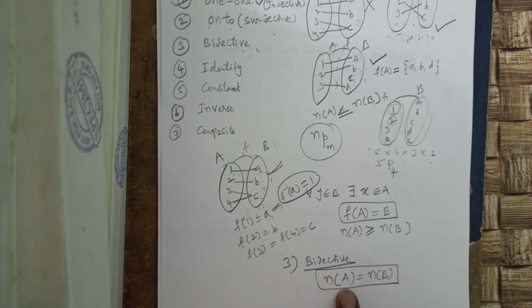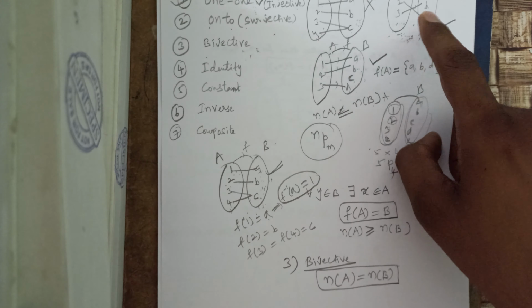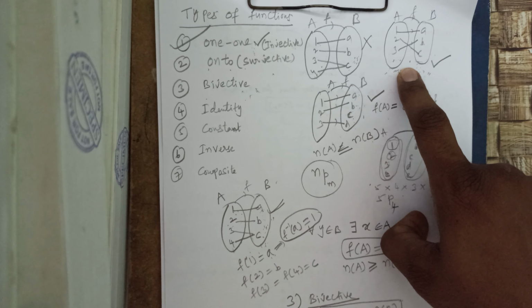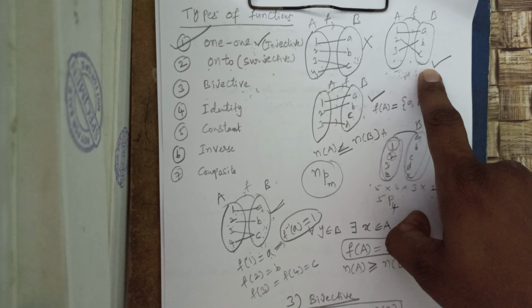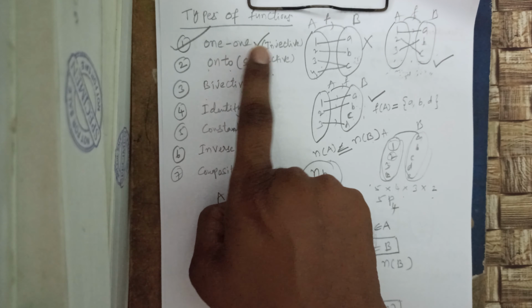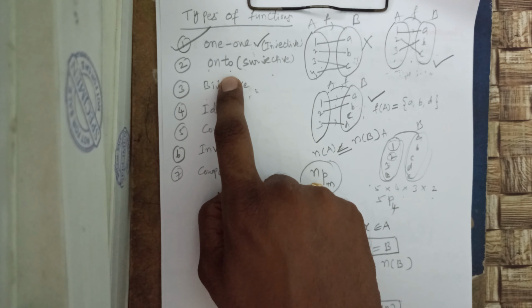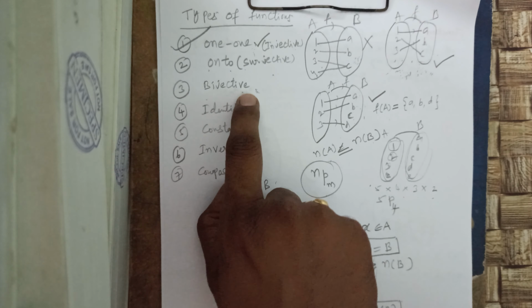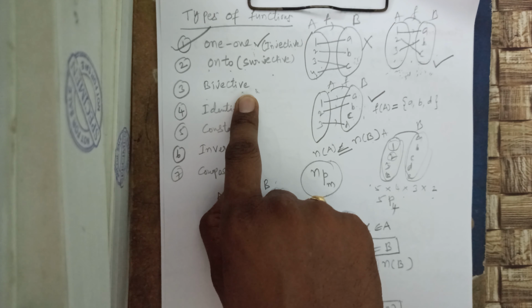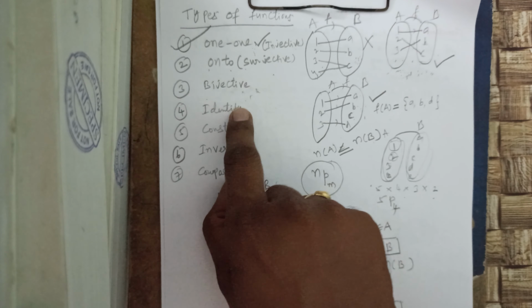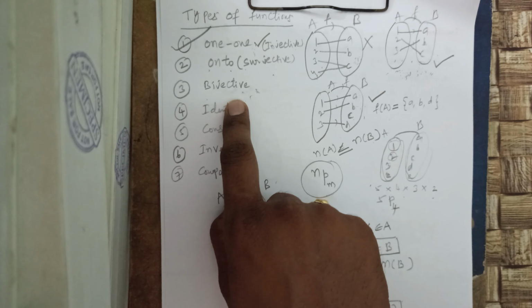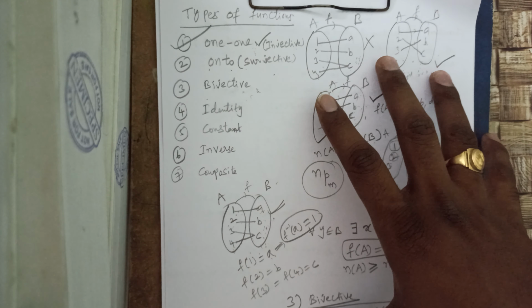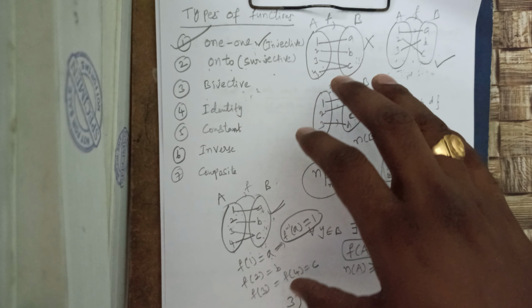When n of A equals n of B. This is the only case where a function is both one-one and onto. One-one is known as injection, onto is known as surjection or surjective, injective, bijective. Clear? Whenever a function is both one-one and onto, that is a bijective function. So these are the main types of functions.